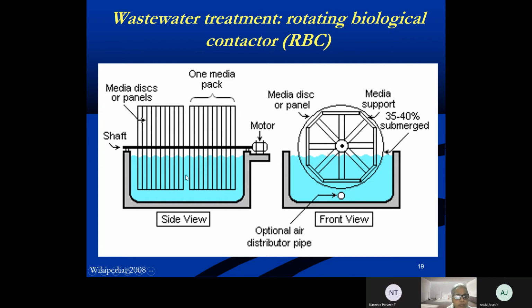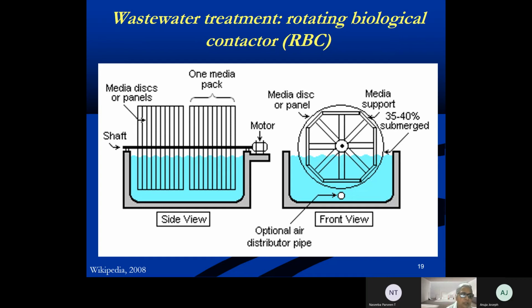The water comes into a large tank. There is a shaft at the top of the tank on which rotating plastic discs are mounted, and there is a very small spacing between each of these rotating discs. Now, these media discs are always made of plastic because this is the disc that is going to support the growth of the biomass.